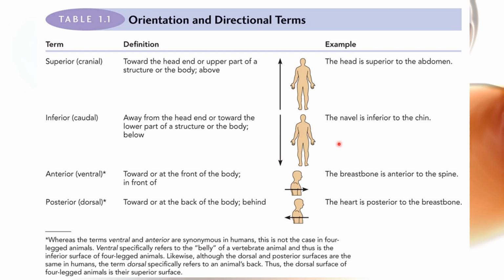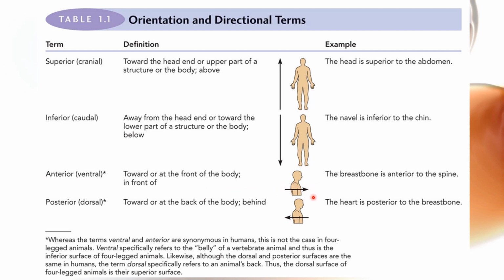Now, anterior and posterior are the same thing as ventral and dorsal. Ventral and dorsal is used a lot in veterinary medicine, and anterior and posterior is used a lot in human medicine. So a little bit different, but they mean the exact same thing. When something is anterior or ventral, it means towards the front of the body.